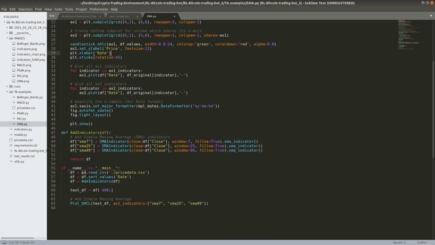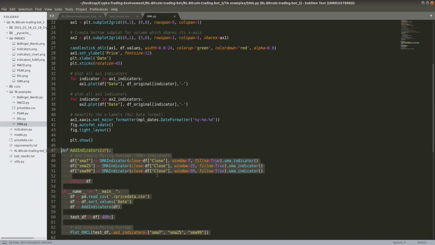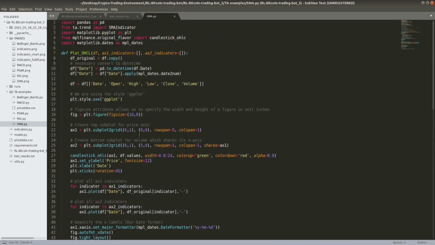So continuing with this, we can simply add 3 moving average indicators into our data frame and plot it with the following simple piece of code with, I don't know how many there is, 50 lines of code. And of course, we should remember that we need to import the TA trend indicator. And here is the SMA indicator, which is used here.